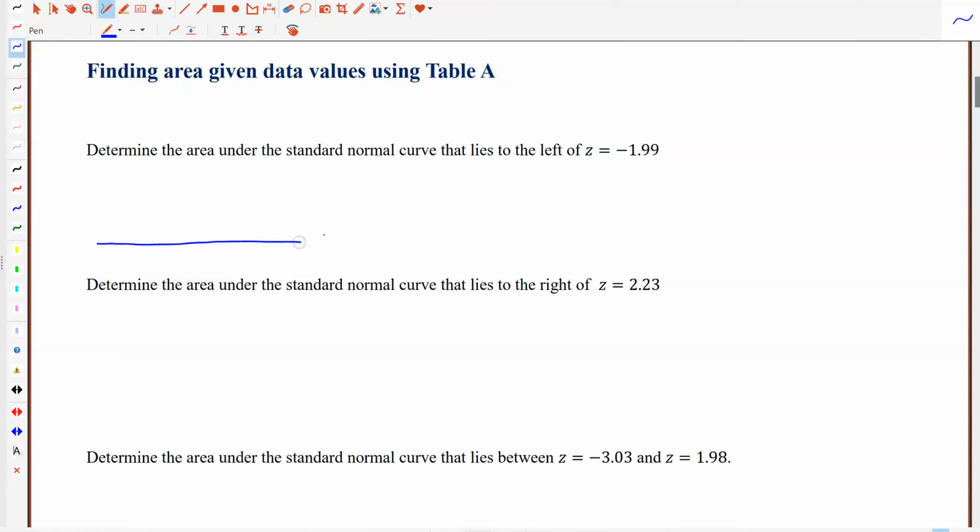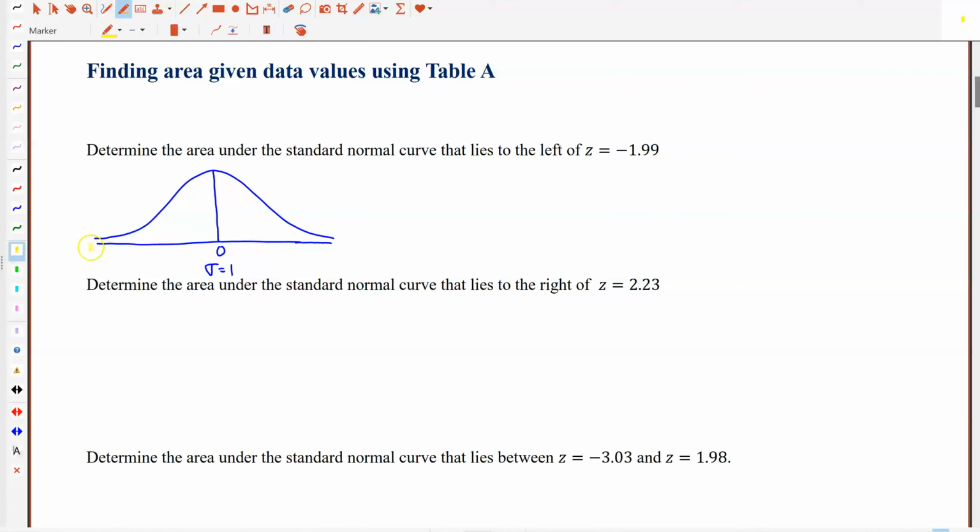I'm going to draw my horizontal axis here, and I'm just going to sketch a normal curve. Because I'm dealing with the standard normal curve, the mean, which needs to live smack dab in the center of this curve, is 0. I'm not going to put down any standard deviation markers, but I'll remind myself that on this curve the standard deviation is 1 by putting it right underneath my mean label.